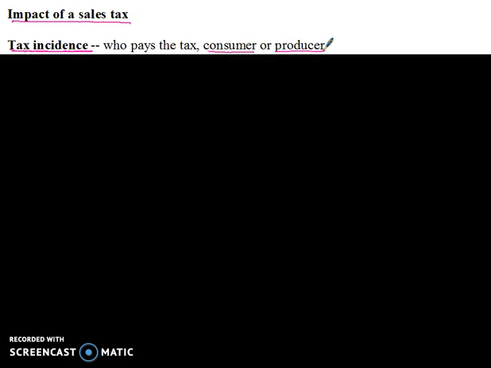So let's imagine that somebody wants to go buy a lawnmower, and let's say that lawnmower costs $250. I'm recording this in Pennsylvania, and our current sales tax in Pennsylvania at the time that I'm creating this video is 6%.